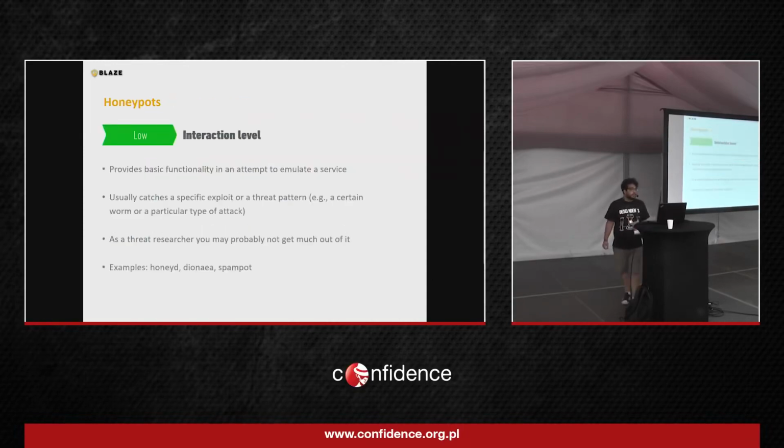So the low interaction level provides very basic functionality to enumerate a service. For example, there is this spam pot that's there in the bottom. It emulates a vulnerable SMTP service, but it has only very, very basic, very raw functionalities, which means that anything that goes a bit beyond the normal cycle of connecting to SMTP, authenticating, and sending an email, it just doesn't implement.